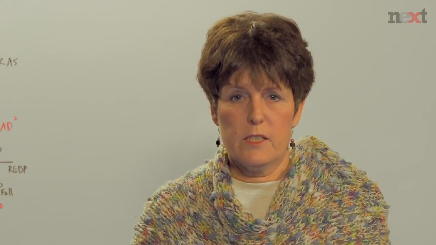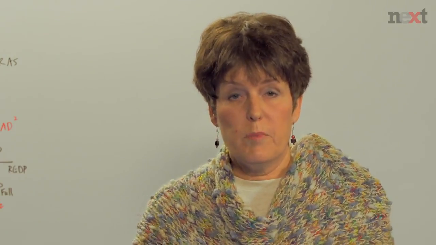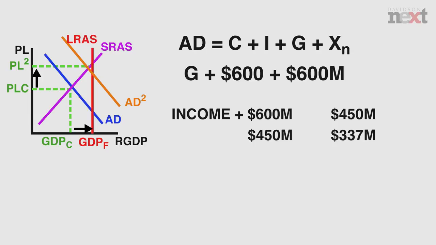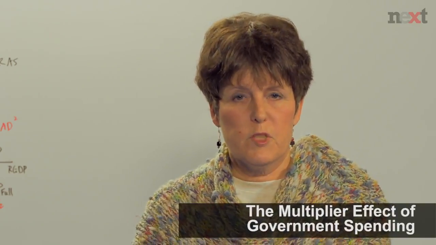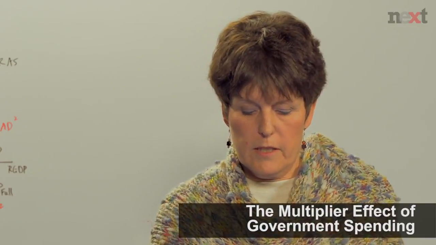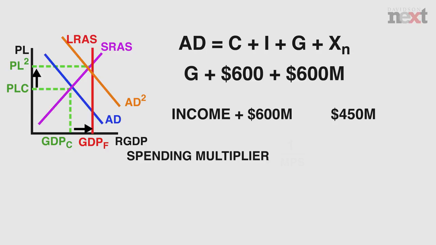If we carry this to the end, so that people are spending 75% of a minute change in income, we'll get a total of $2.4 billion, the maximum potential impact on output from the $600 million purchase of jets by the government. The multiplier effect of spending can be calculated by dividing 1 by the marginal propensity to save.